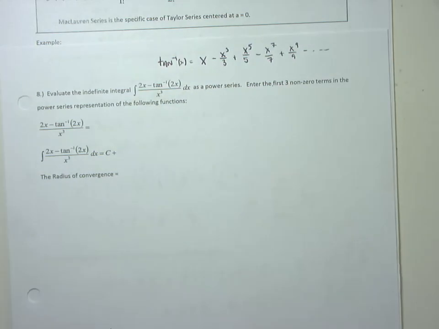This was the series that we developed from the power series representation work we did. We took the derivative of this, turned it into a over 1 minus r, integrated it, and came up with this series for it. But this is actually also known as the Maclaurin series for the tangent inverse of x.